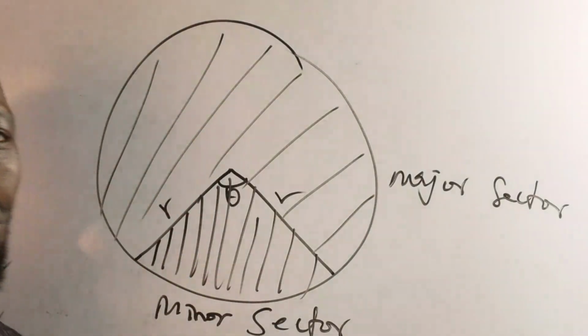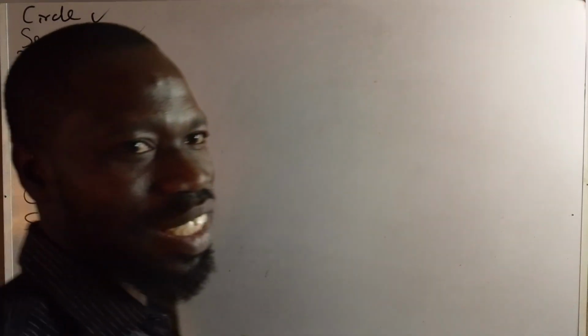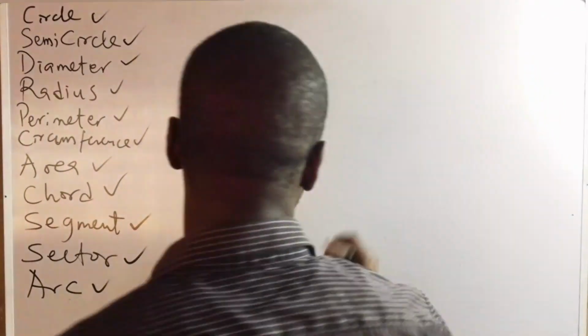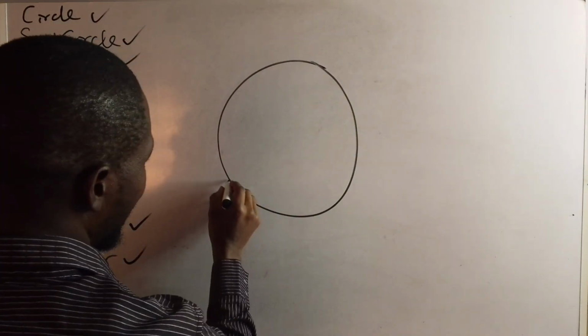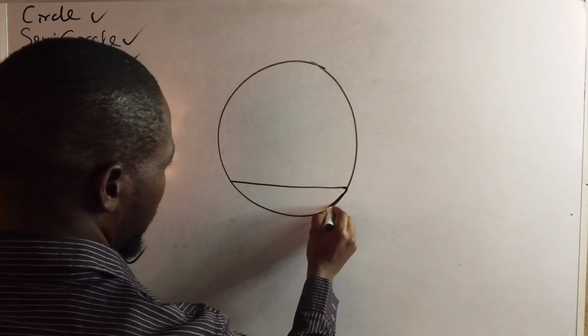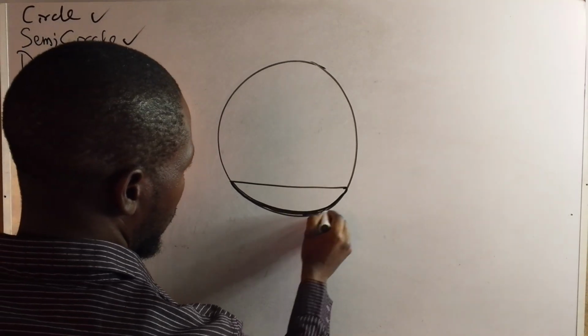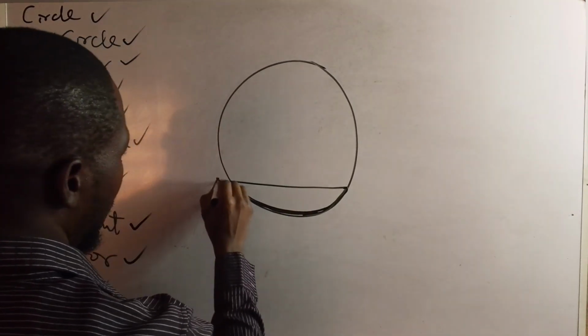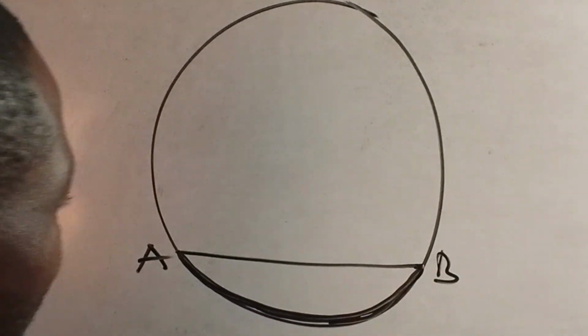All right, so last but not the least is an arc. What is an arc? All right, so in this circle, an arc is just this line, this curve from A to B. So this thick part is our arc.